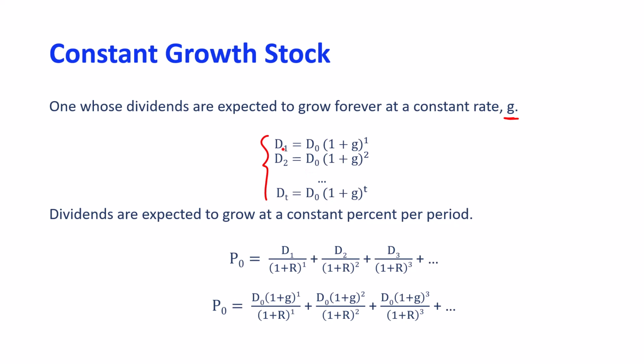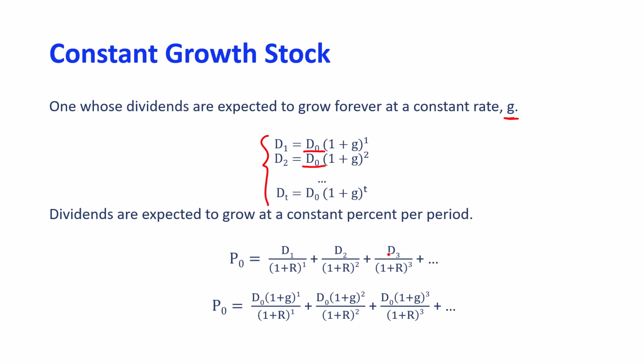So we know that next period, our dividend is going to be the dividend that was just paid, the past dividend, times 1 plus growth rate raised to the power of 1. 2 years from today, or 2 periods from today, the dividend is going to be the dividend that was just paid times 1 plus the growth rate raised to the power of 2, and so on and so forth until you get to the dividend at time t.